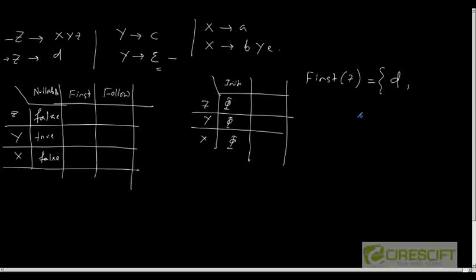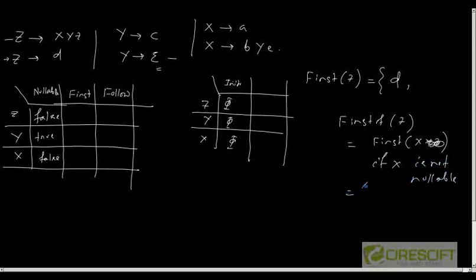And for XYZ, if X is nullable then first of YZ is also included, but we have already seen that X is not nullable.